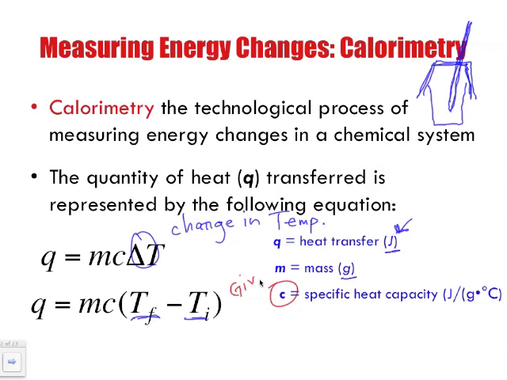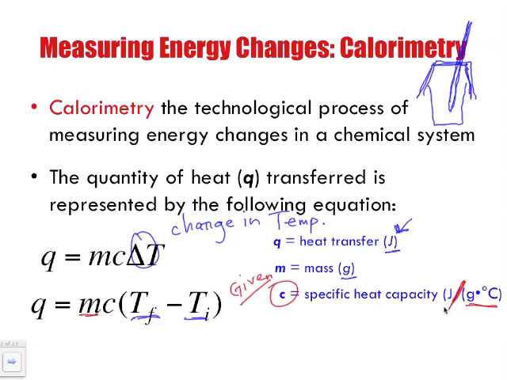If you look in your textbook, you may have a table that you may be referring to for specific heat capacity. Notice the units are in joules per gram degrees Celsius, right? And if you look at it, you can cancel out. Notice here, mass is in grams. So grams here, everything after the joules per, these are part of the denominator.